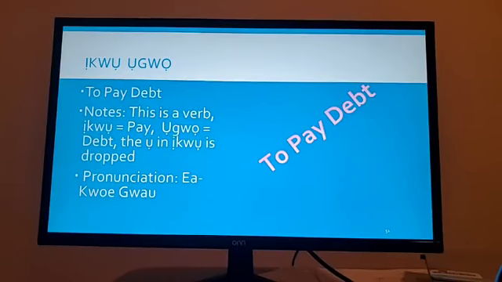It comes from the words Kwoe, which means to pay, and Ogwa, which is a debt. So to pay a debt, literally is what you're saying. Kwoe Gwau, to pay a debt.